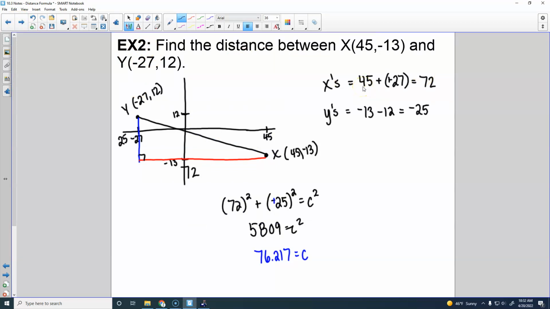You're not going to be able to get a precise graph where you can count for those. So you've got a couple options on what you can do here. You can do what we did on these problems where you subtract your x's to get this number, subtract your y's to get this number, and then do Pythagorean theorem. That essentially is what distance formula is.